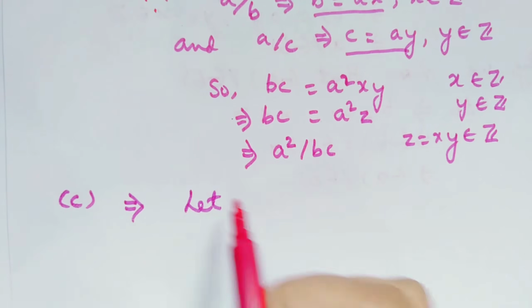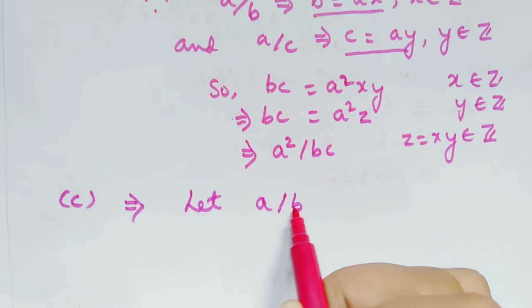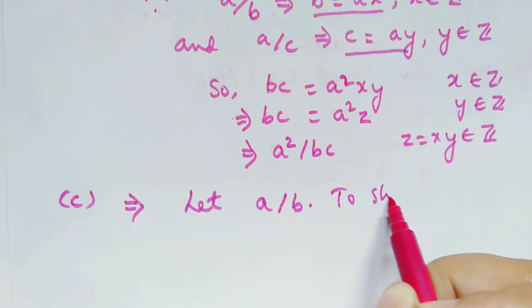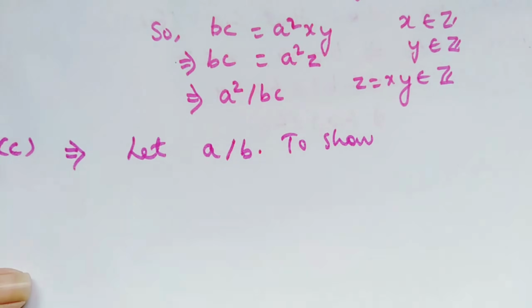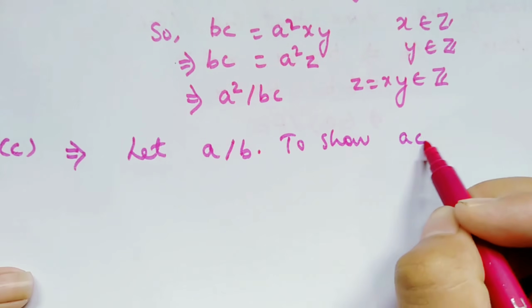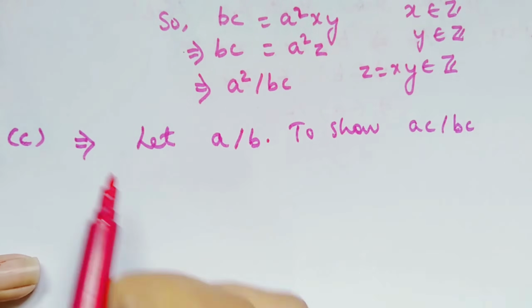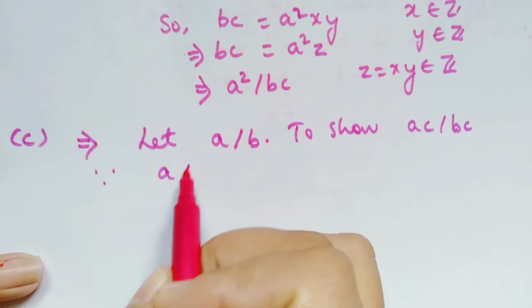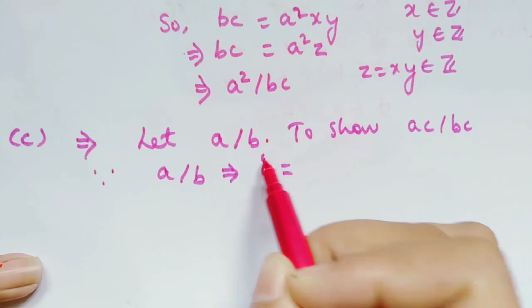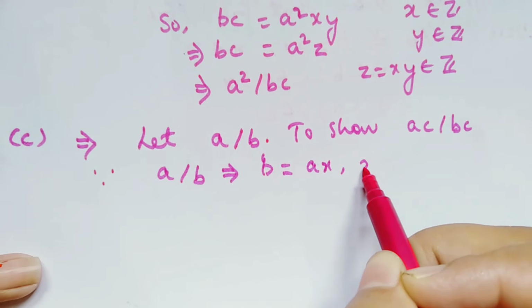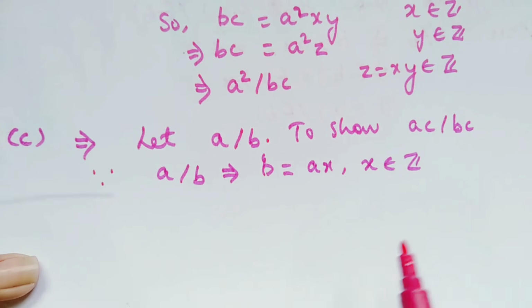So for number c, firstly, let A divide B. What do we have to show? We have to show that AC divides BC. Since A divides B, we have B is equal to A into some integer X, where X is an integer.